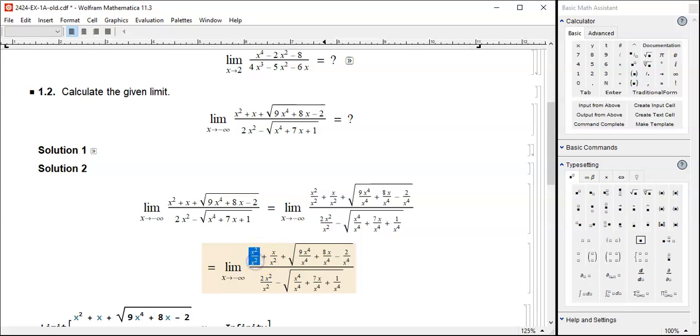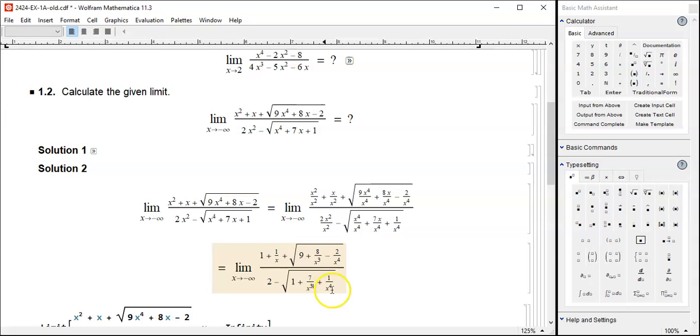Okay, this is 1. And that's 2. And then this is 1 over x. And then this is 9. And then this is 1. And then now this is 8 over x to the third power. This is 7 over x to the third power.